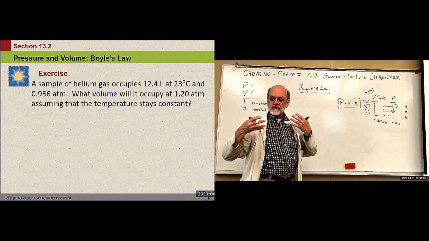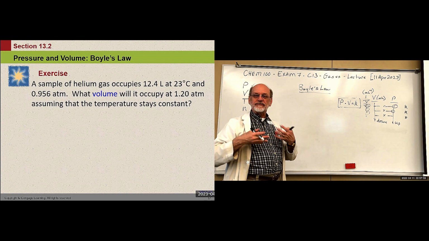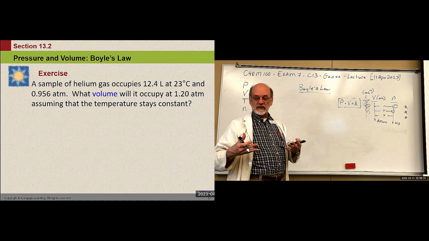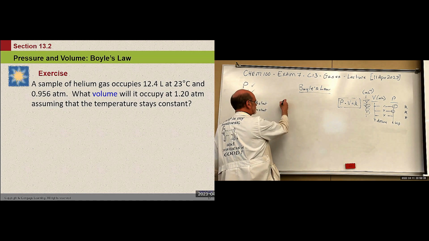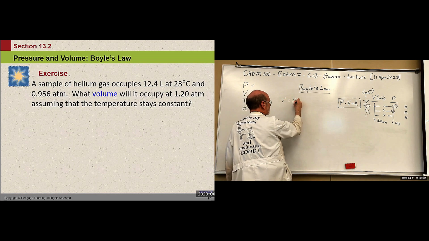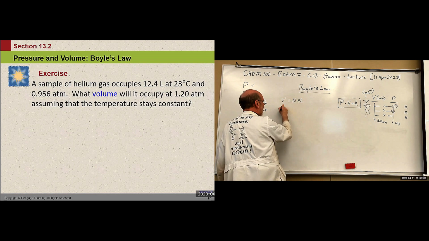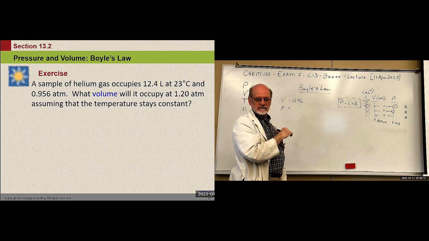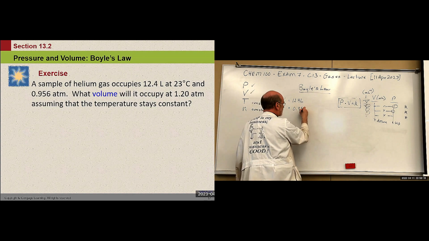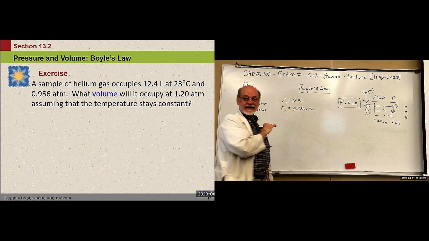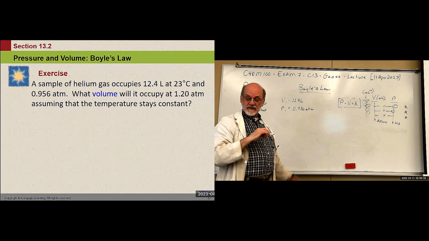So extract information from the word problem and put it in a format that's more recognizable. The gas occupies 12.4 liters. At what pressure? 0.956 atmospheres. Those are beginning conditions, V1, P1.